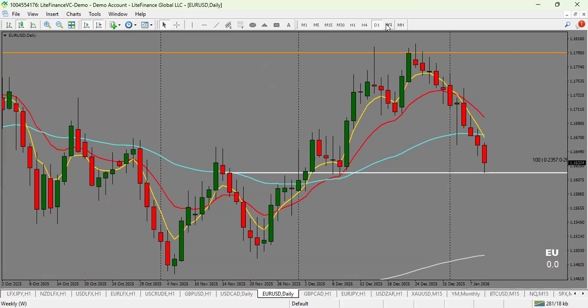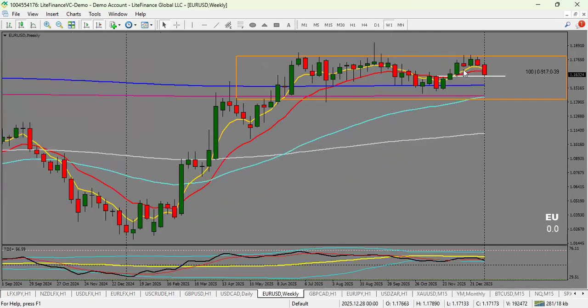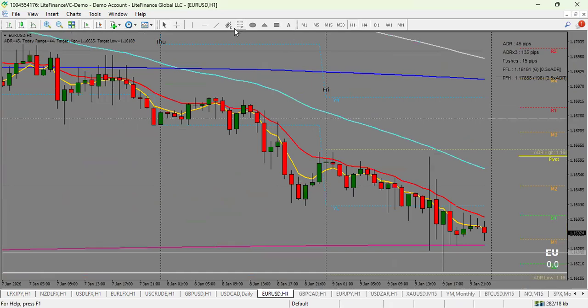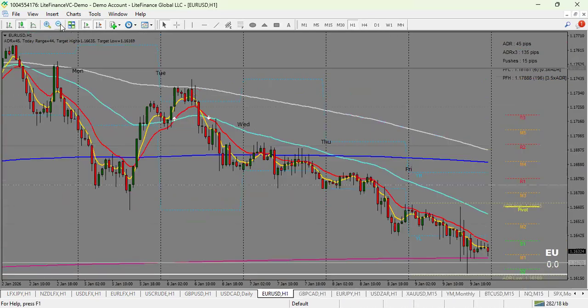If this area of support holds, then the market would go up. So we need to wait to see the formation of that peak.